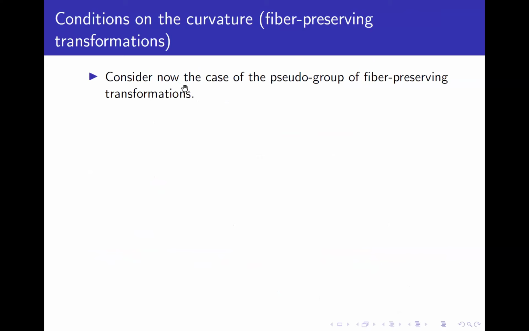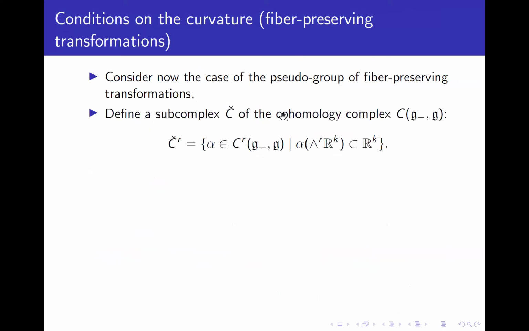So now, what is new? Now we would like to generalize this to the cases of pseudo-product and fiber-preserving transformations. This is something that was not known so far. And it turns out that the same idea and more or less the same constructions hold if we just replace the cohomology complex with another, smaller subcomplex. For example, in the case of fiber transformations, this subcomplex is defined like that.